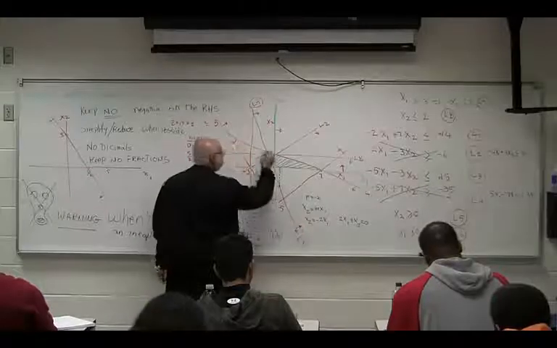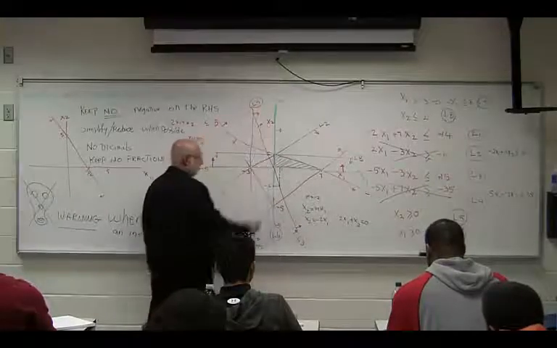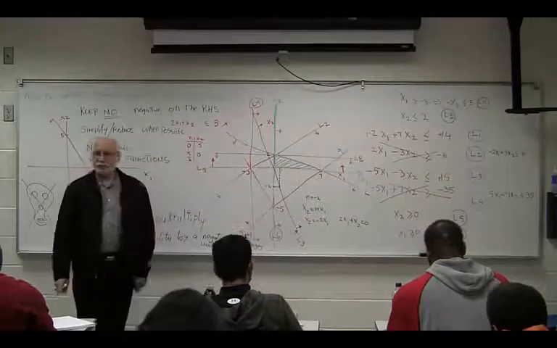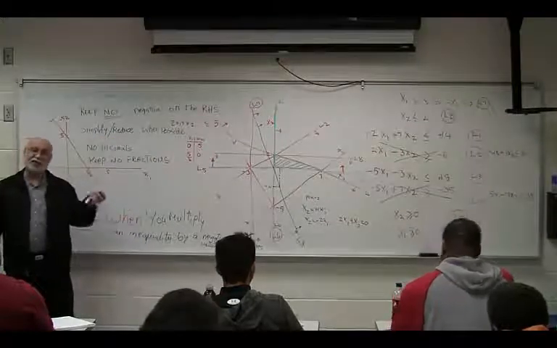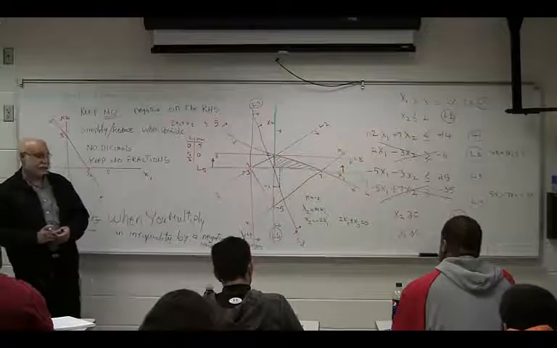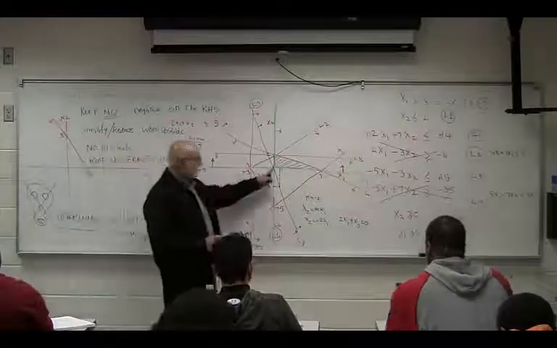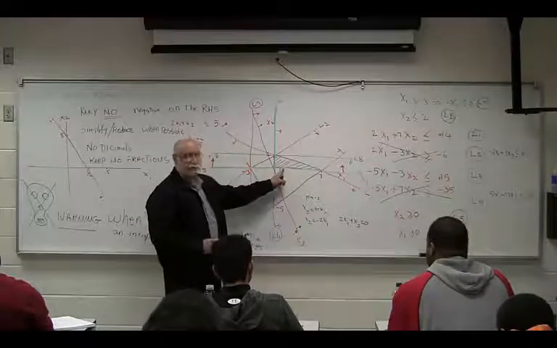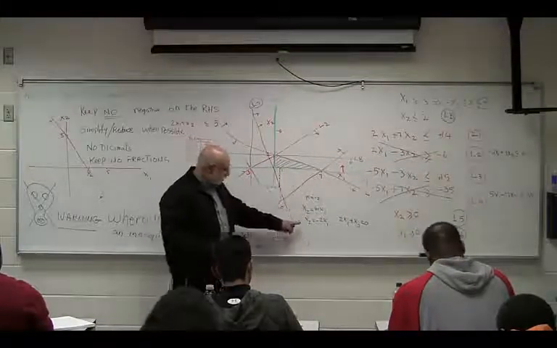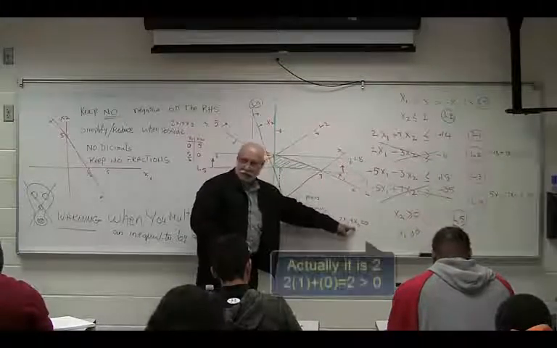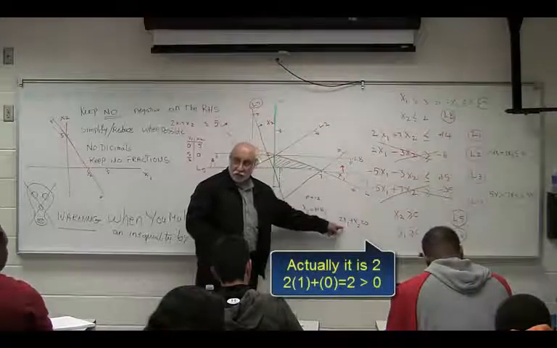And if you have arrows on them, you can't test 0, 0. You have to test something else. Let me test 1 and 0. 1 and 0 gives 1.